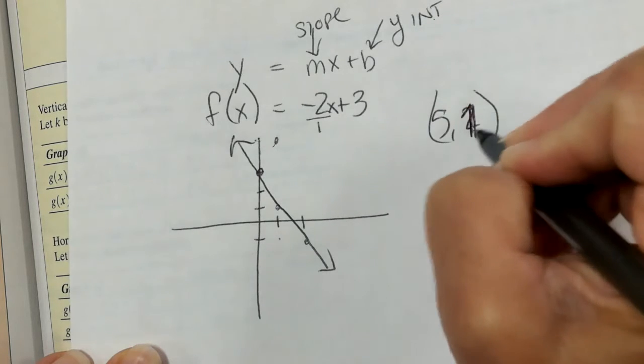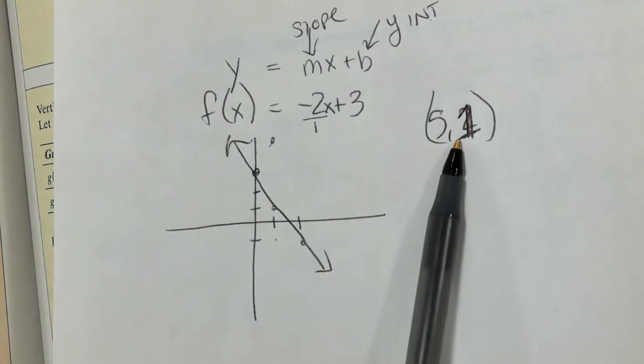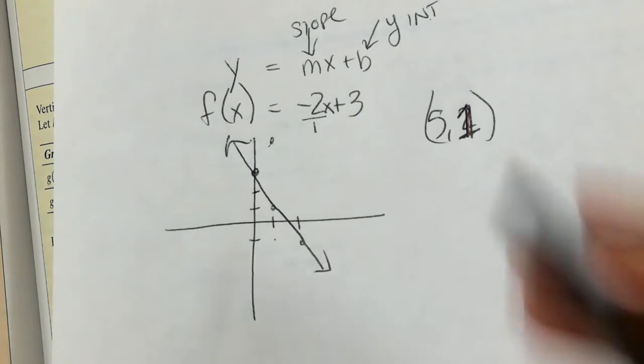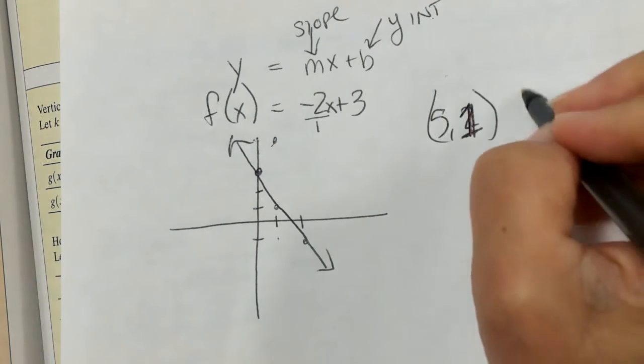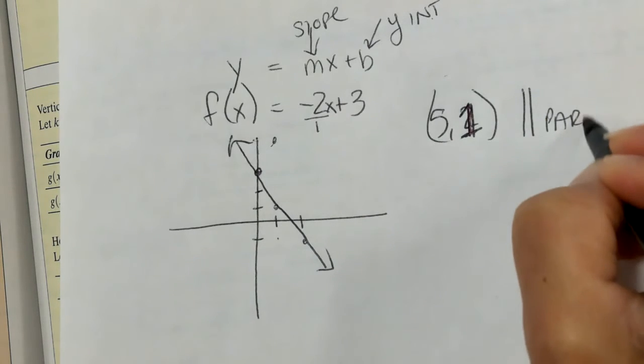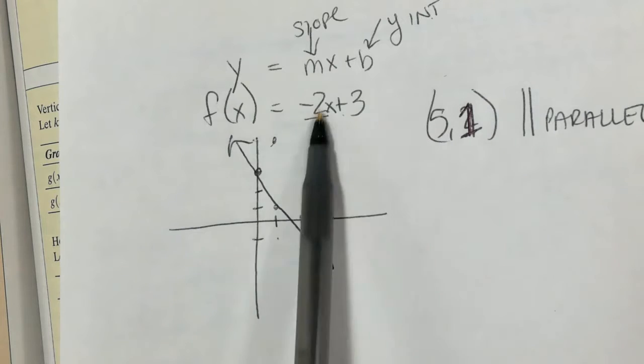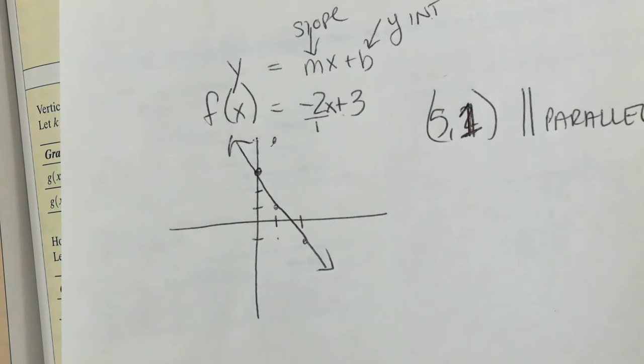We're going to write an equation of this line that passes through the point 5, 1 and is parallel. Here's your symbol for parallel, or you can just write it out, to this one. So we want an equation that's parallel to this one that passes through this point.